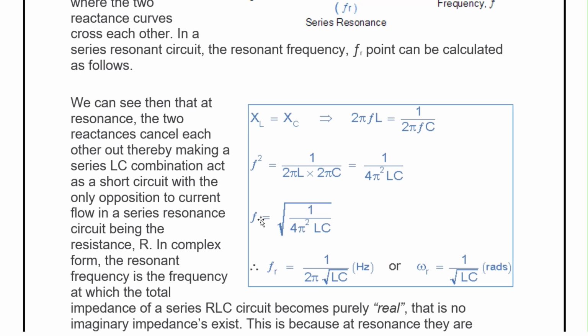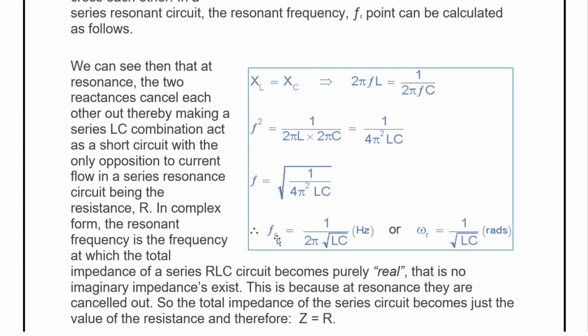And therefore, F will be equal to the square root of 1 upon 4 pi square LC. So F will be equal to 1 upon 2 pi times the square root of LC. So this is called the resonant frequency.